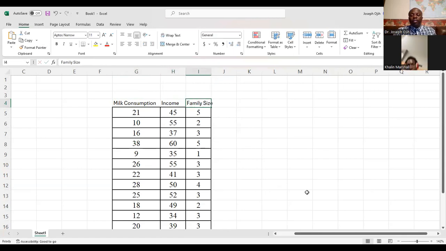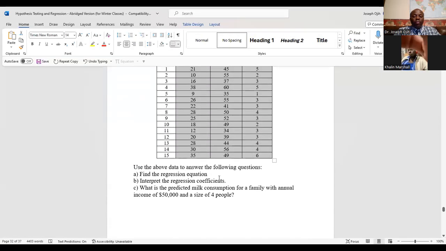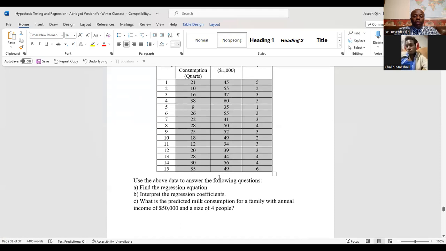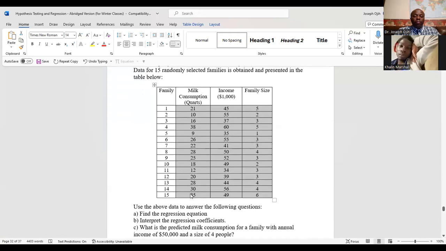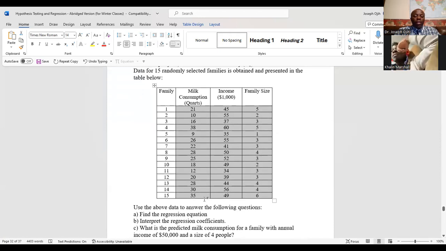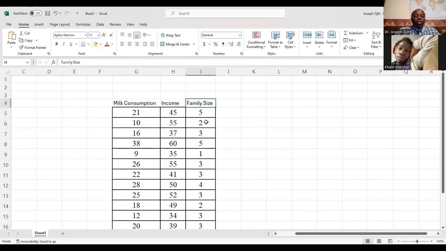Now, the next thing is to get the regression output so that once we get our regression output, we can use it to answer these three questions they asked us. From the regression output, we can generate the regression equation and then answer these questions here. So we go to Excel and get the output to do the regression analysis.